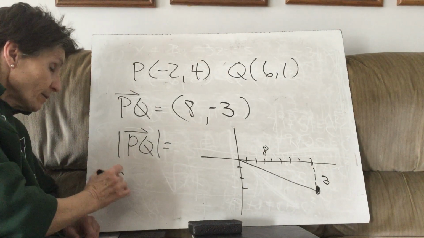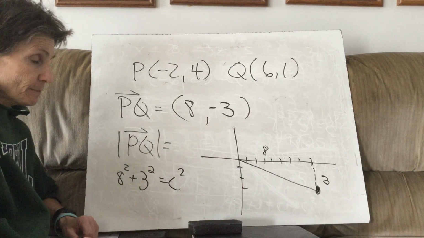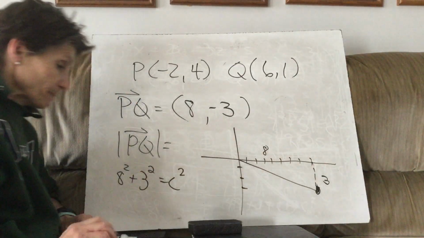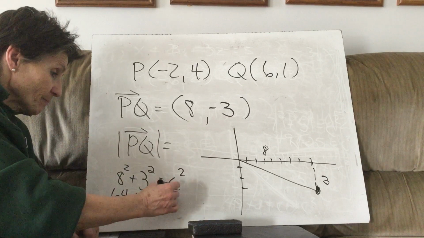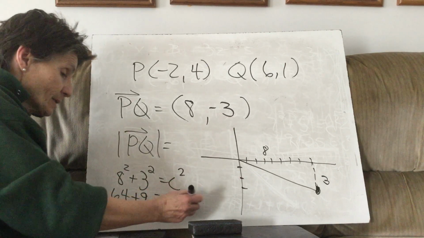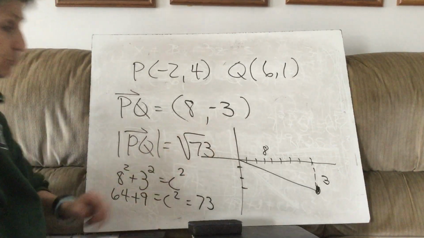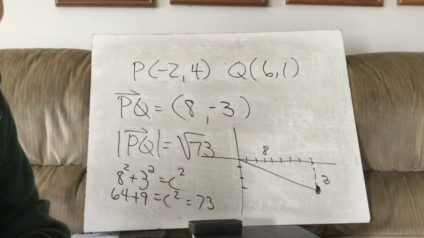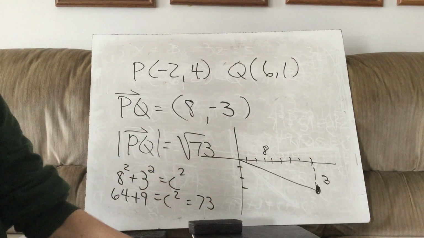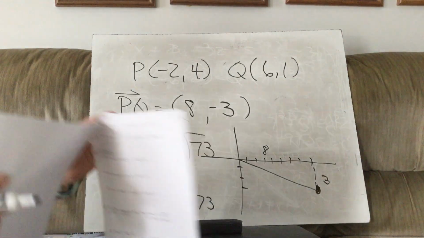So 8 squared plus 3 squared is going to be my c squared, my hypotenuse. So 64 plus 9, 73. So the square root of 73. Now remember, we've only hit one that reduced, but if they do reduce, you do have to reduce them. But 73 does not break down.